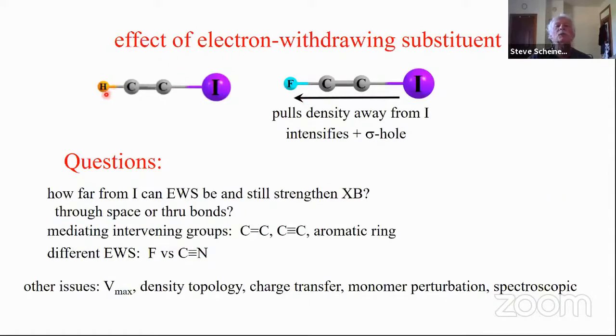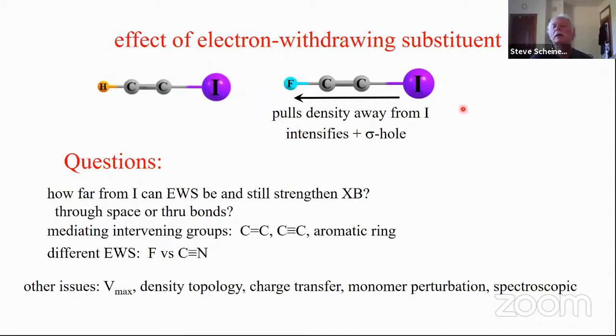So what happens when we put an electron withdrawing substituent? This is HCCI, and if we put F here, which is an electron withdrawing agent, it'll pull electron density from I towards F, and that will intensify that sigma hole that was over there.